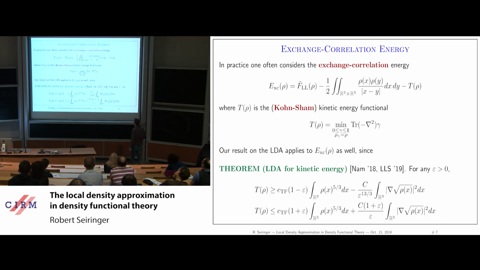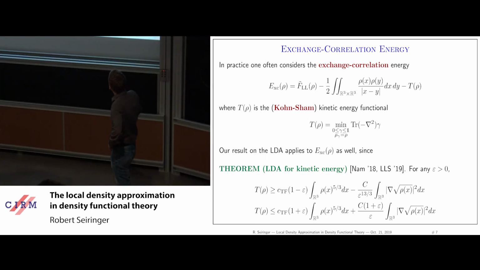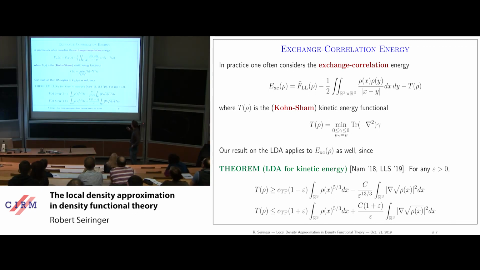Okay, so here is more of a remark. In practice, what the quantum chemists are interested in is what they call the exchange correlation energy, which is actually, in the notation here, not just the direct Coulomb term subtracted from the Levy-Lieb functional; you also extract the classical approximation to the kinetic energy, right?